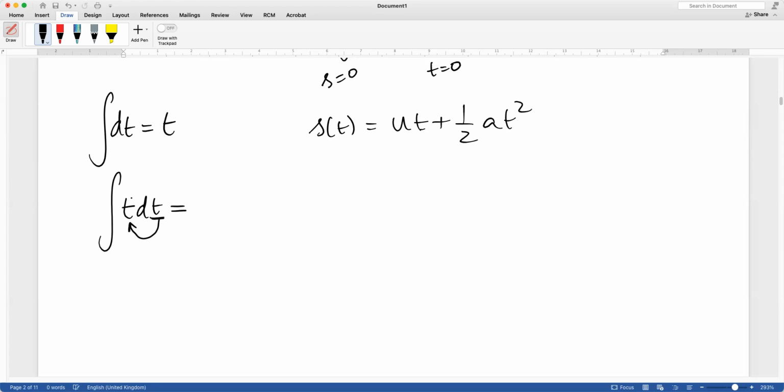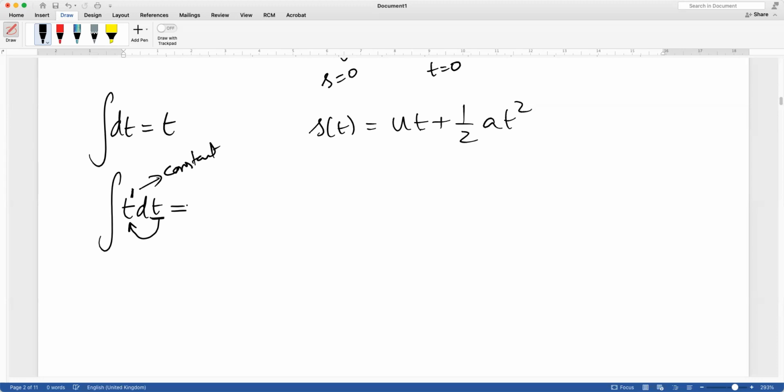This is in the polynomial form because the integrating variable t is in the base level and the power is actually a constant. Do you get that? You're okay with that?